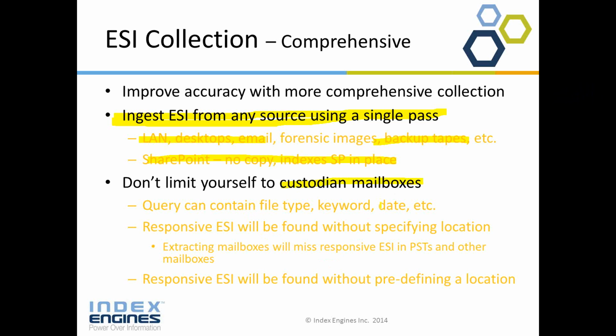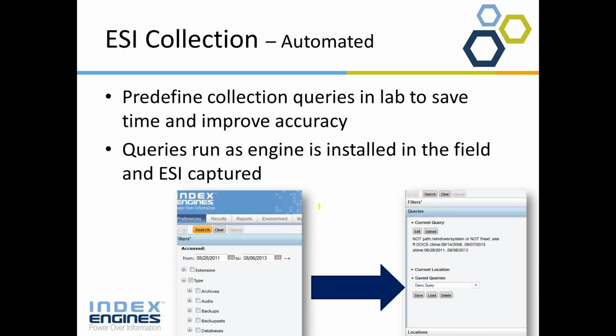So the fact that you can query on content like file types and keywords such as email, you'll find responsive ESI across any locations, including outside of Exchange databases. You may find email in PSTs or individual email on desktops that may not exist within the Exchange database. So providing a more comprehensive search across the entire data set, the entire universe of what has been connected to using the Index Engine platform.